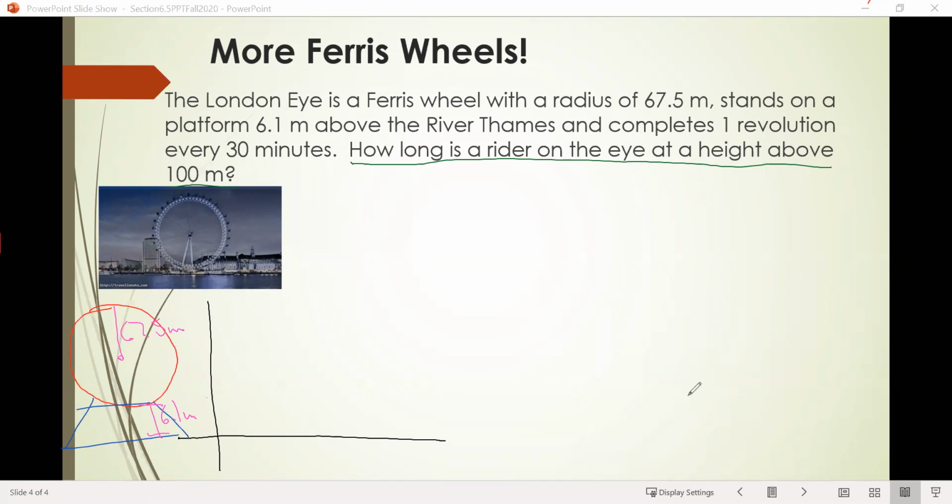So we know that the lowest point that the Ferris wheel ever reaches is at 6.1 meters. And then the radius is 67.5 meters, which we can use to find that the entire width or diameter of the Ferris wheel will be twice that, which is 135 meters.